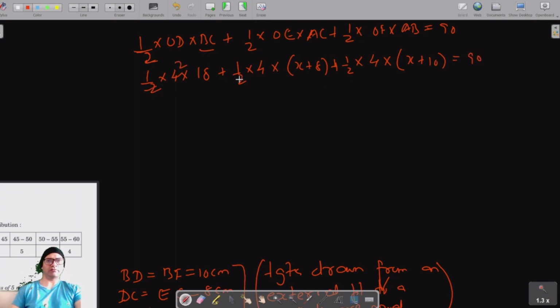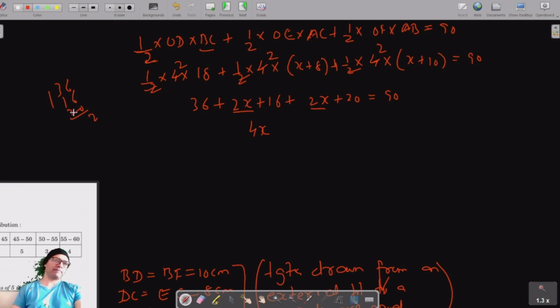So this is x plus 10 is equal to 90. So 2 twos are 4, 2 twos are 4, and this is 36 plus 2x plus 16 plus 2x plus 20 is equal to 90. 2x plus 2x is 4x. 36 plus 16 plus 20 is 72. So 4x plus 72 is equal to 90, and 4x is equal to 90 minus 72, which is equal to 18.